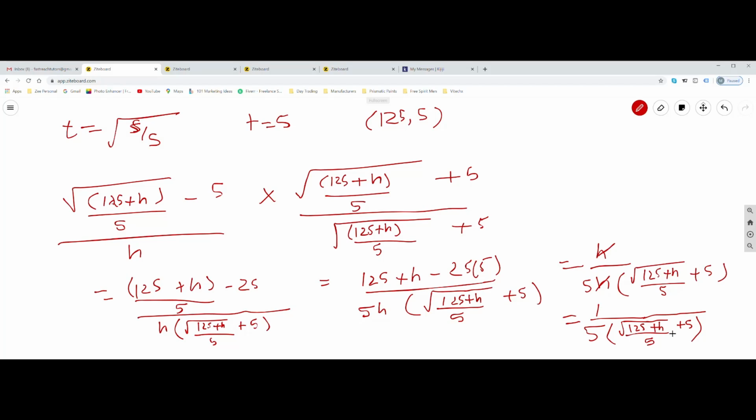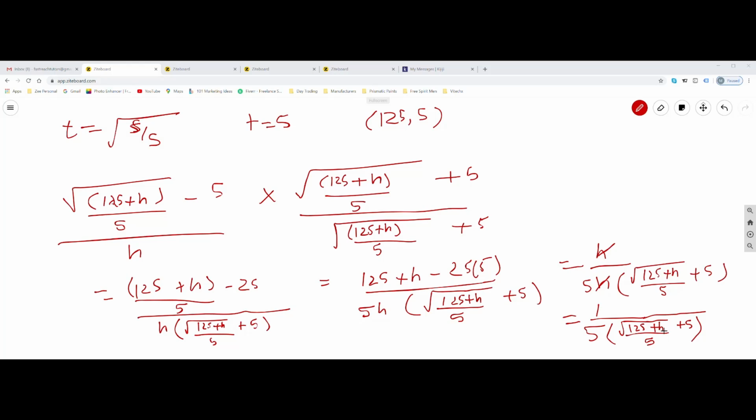So when you substitute 0 for h, you get square root of 125, oh sorry, 125 divided by 5, which is 25.